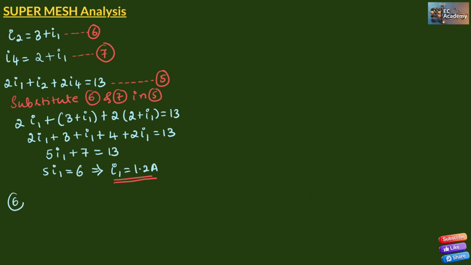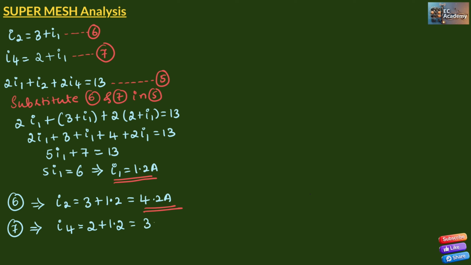From equation 6 we can say I2 is equal to 3 plus 1.2, that will be equal to 4.2 amperes. From equation 7 we can say I4 is equal to 2 plus 1.2, that will be equal to 3.2 amperes.